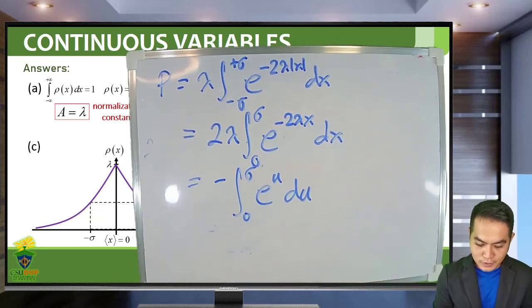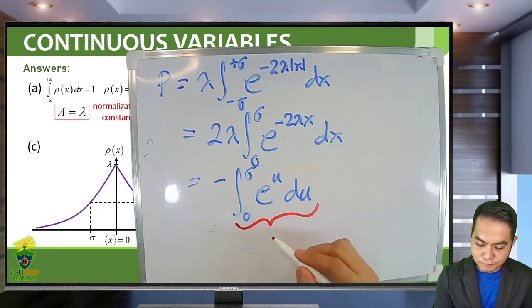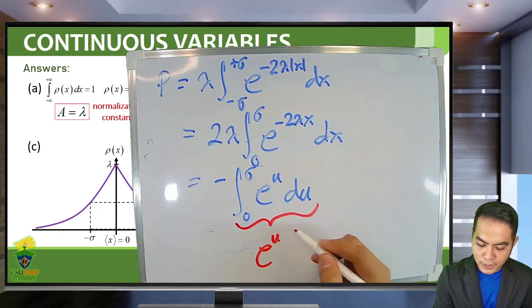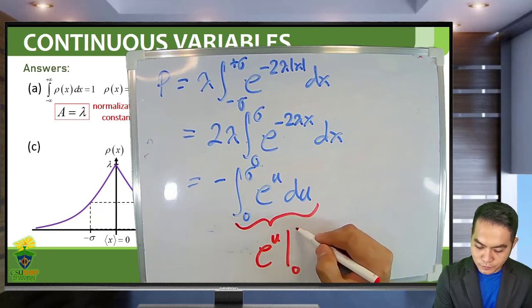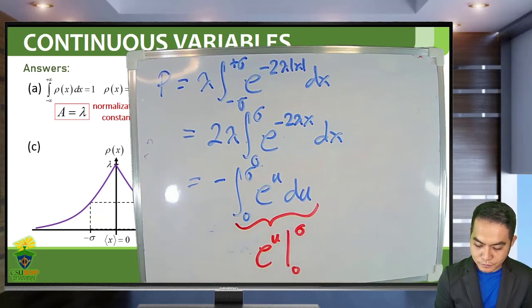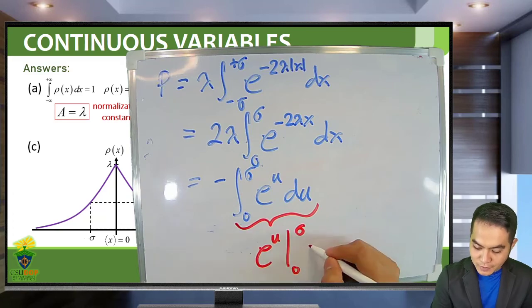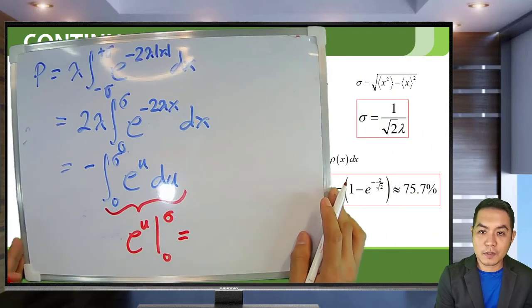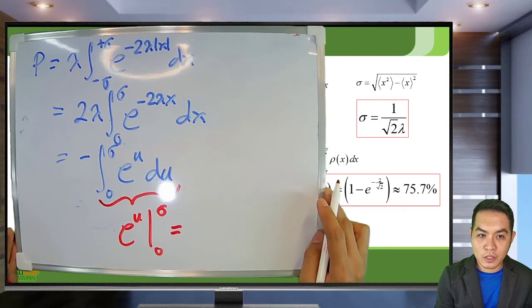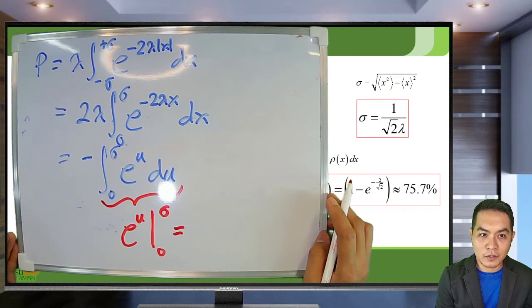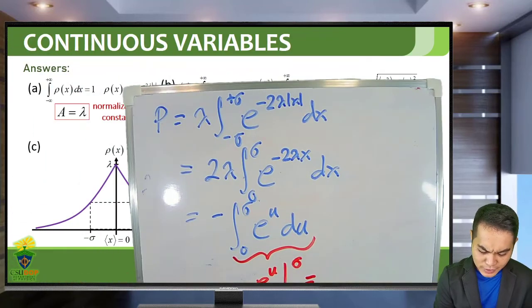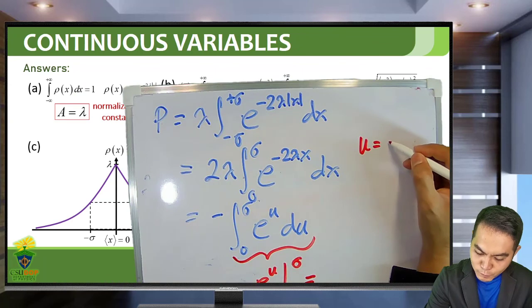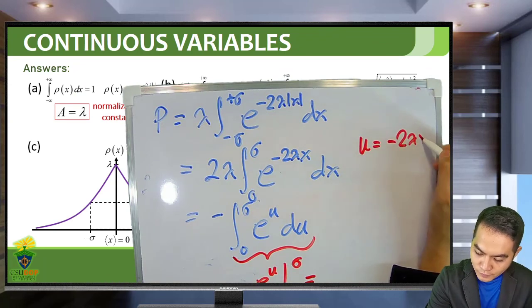Basically, this is just an exponential term, e to the u, evaluated from 0 to sigma. Our sigma here is 1 over square root of 2 lambda. Sorry, I forgot to change our limits. When we change variable, u is equal to negative 2 lambda x.